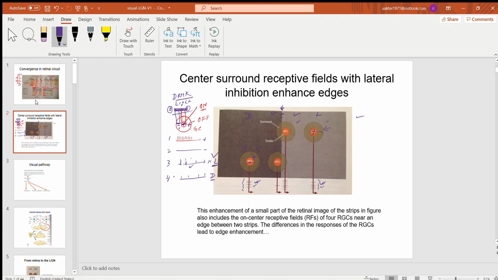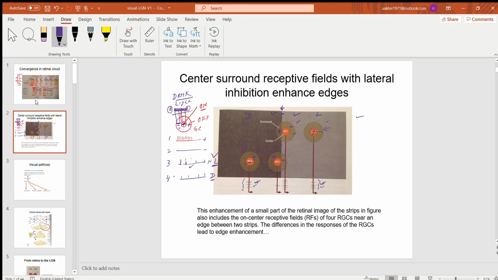In these two cases, I can say that the off surround is activated here by the dark, and in this case also the off surround will be activated by the dark, right? And here the off surround will be inhibited by light, here the off surround will be inhibited by the light.